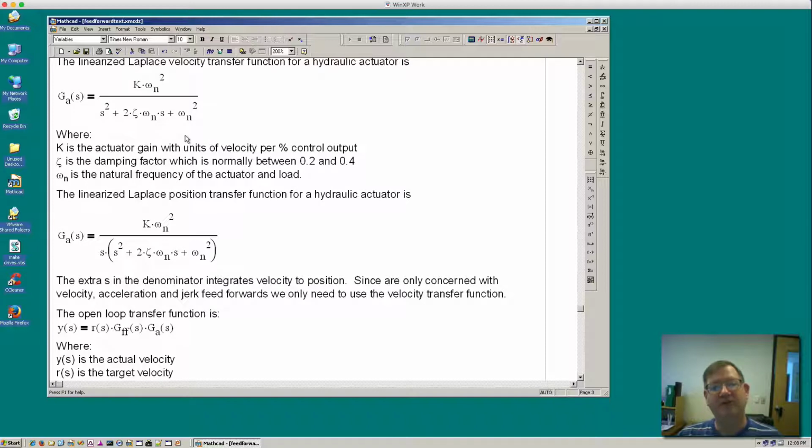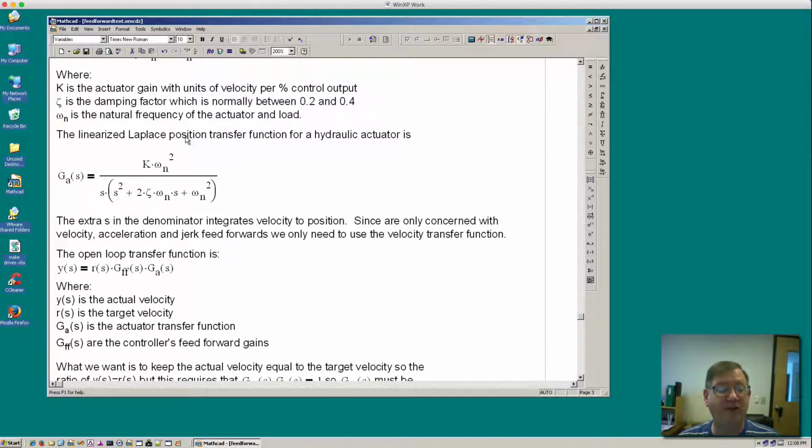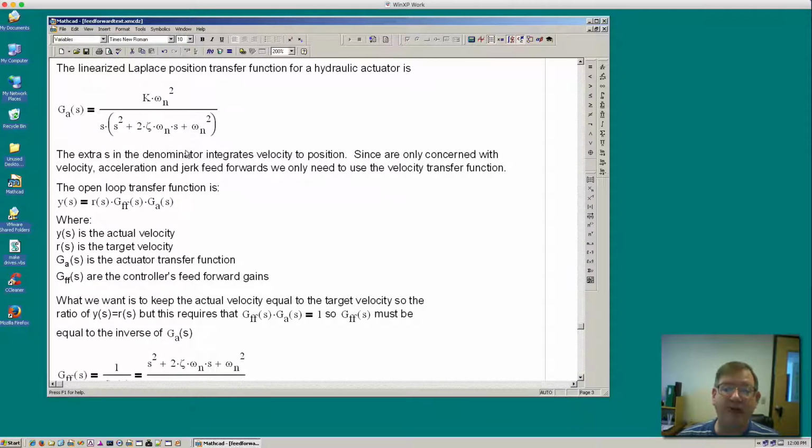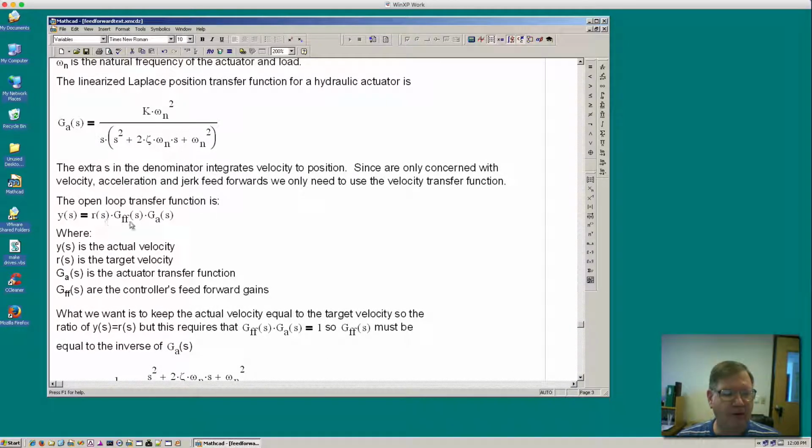The procedure for calculating the feed forwards for the hydraulic actuator is basically the same. We have the same transfer function here, where we have the target velocity and actual velocity, and they have to be equal. So the feed-forward gains times the actuator model have to be equal to 1.